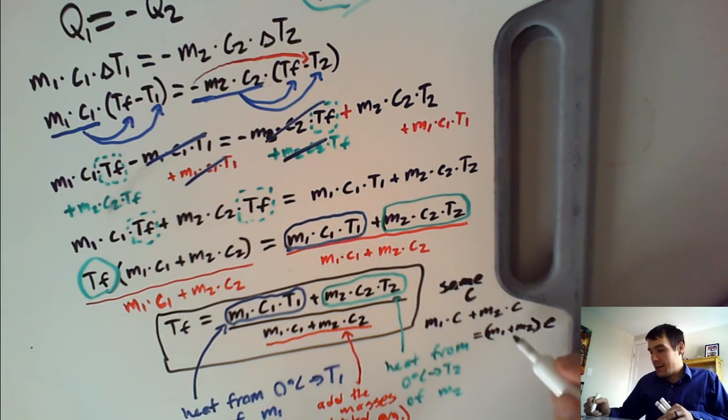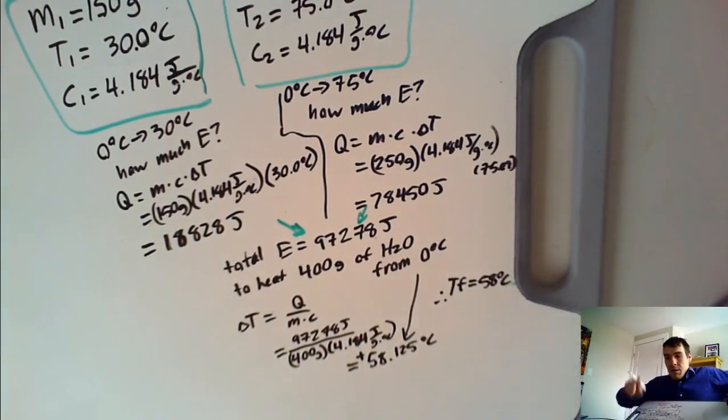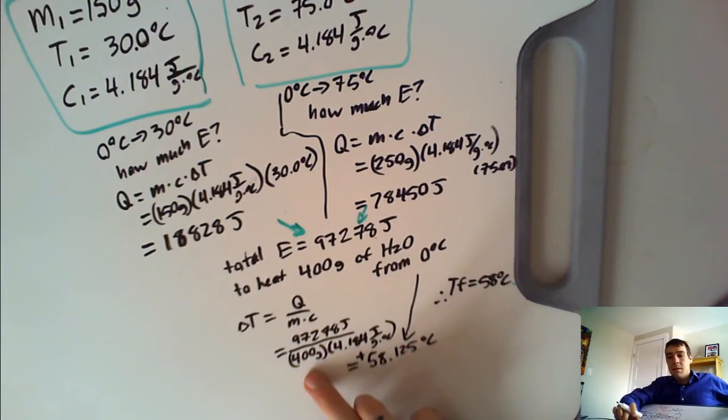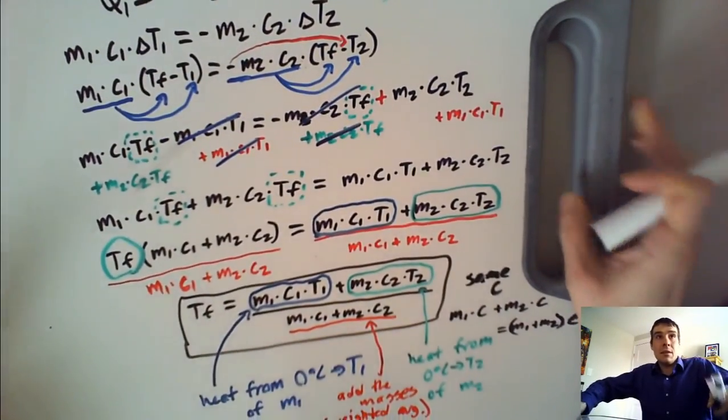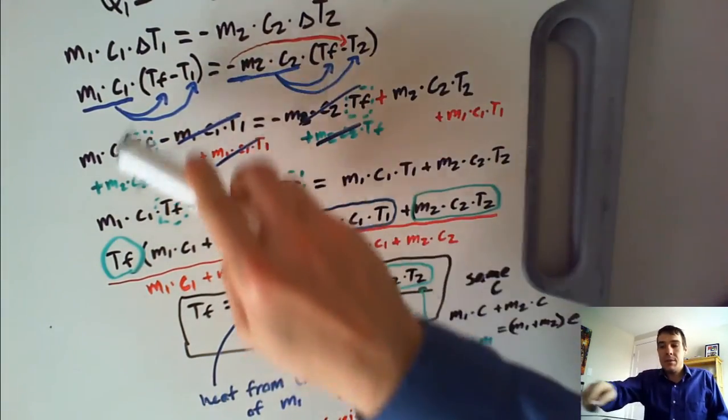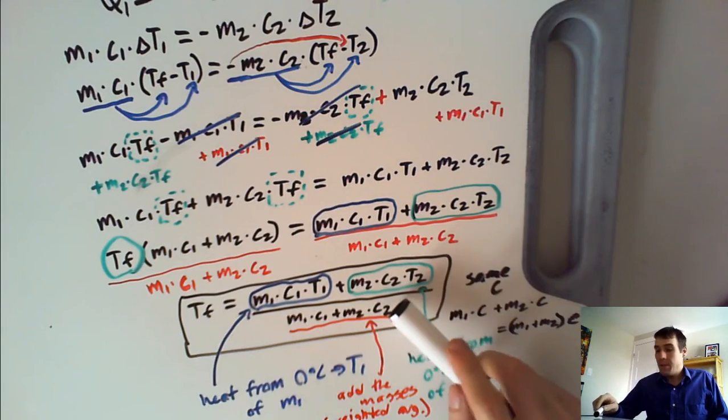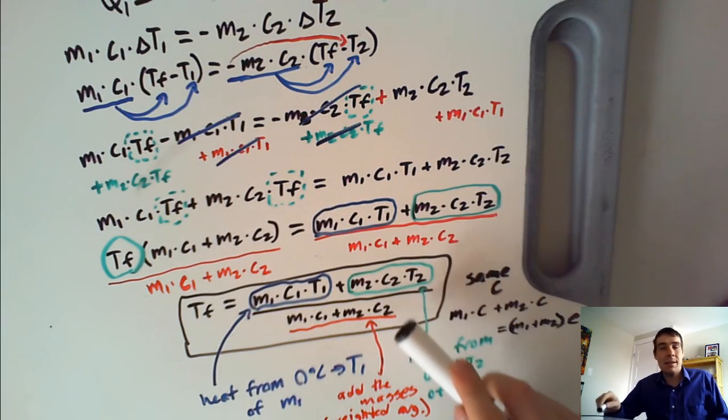Right? Oh, that's the two masses added together, times the heat capacity of the substance, which, oh my god, guess what? That's the two masses added together, and that's the heat capacity of the substance. So, yeah, the algebra checks out. We didn't put any numbers into this. So this is true for any mixing problem.